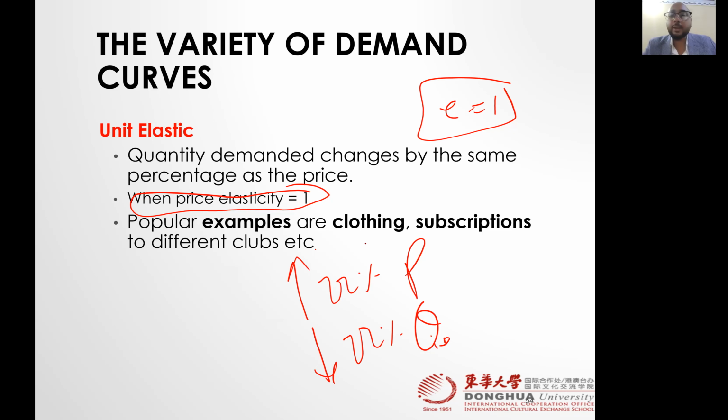For example, clothing, subscription, right? Magazine subscription, VPN subscription, any kind of subscription, gym subscription. They already know that if we decrease the price, how many new customers will come, and if we increase the price, how many customers will leave, exactly the same. Similarly, normal clothing, not luxurious clothing, not the branded one.